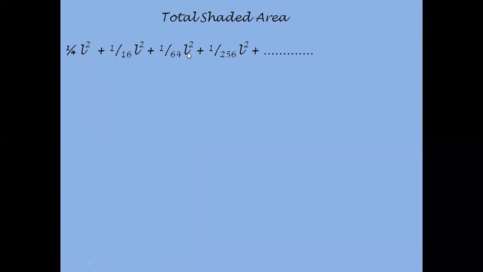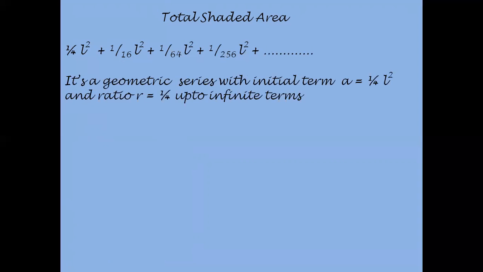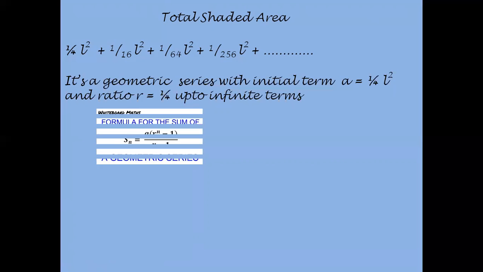And we are going in this pattern until infinite terms. And we see this is a geometric progression. So it's a geometric series with initial term a as 1/4 times L square, and the ratio here is 1/4. This series is going on for infinite terms.